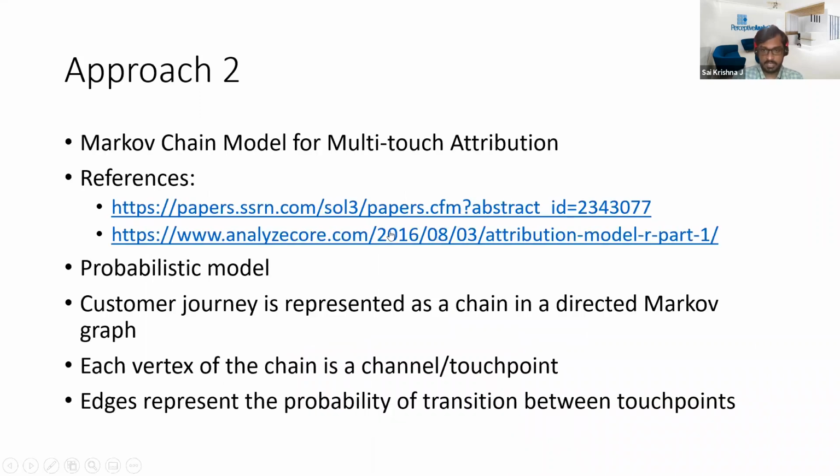In fact, the second link that I have here has coding and other details on how to do this Markov chain model for multi-touch attribution in R. And there is an R package that is readily available, which you can download and install, which has all the necessary functions for you to build this model.